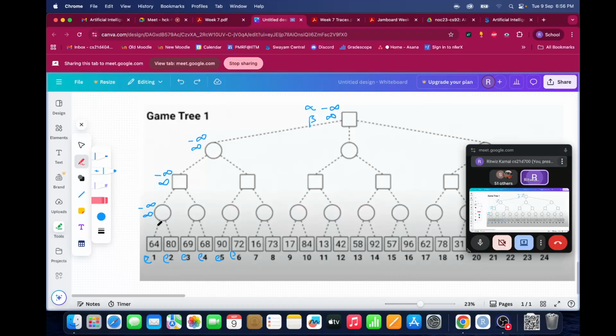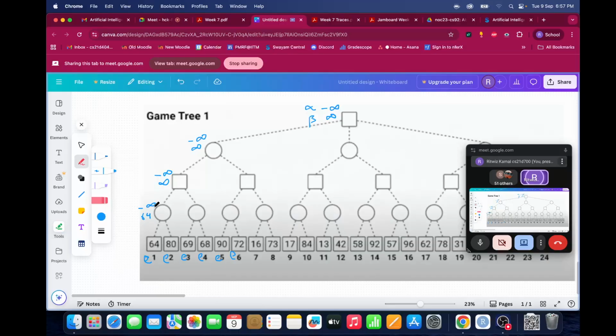Because this is a min node, and the current beta value that it has is greater than the value that E1 is returning, this will get replaced by the minimum of those, which is 64. So the beta value for this min node will change to 64.